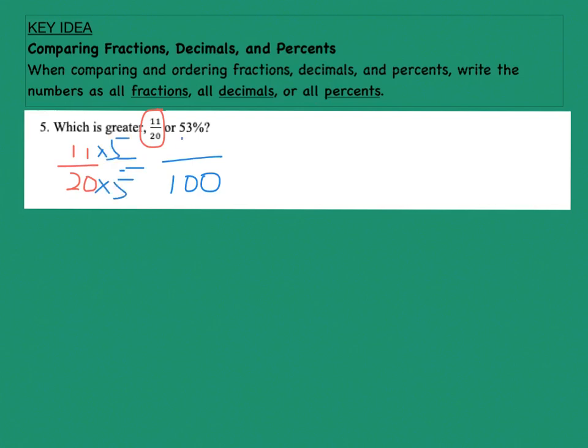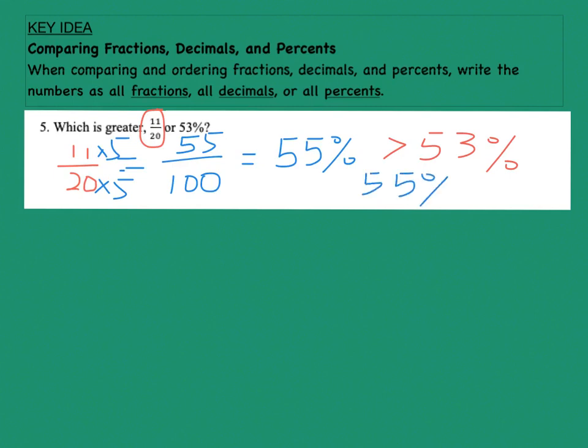So I'm getting 55 out of 100. And from there, this is equal to 55%. And we know that 55% is greater than 53%. So therefore, 55% is the greater number.